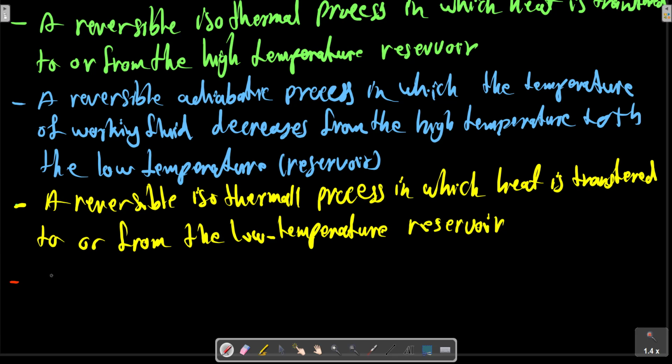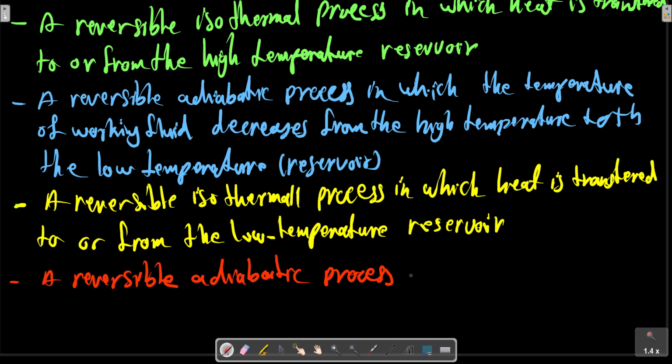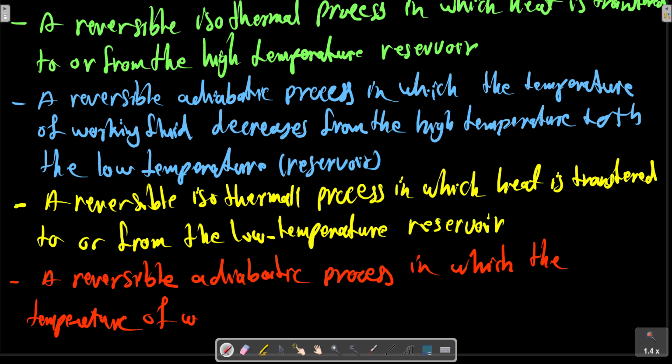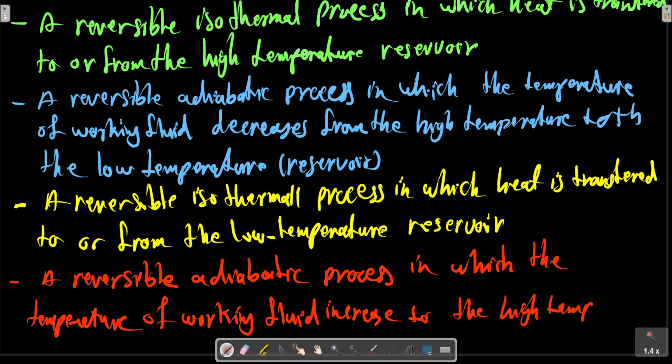And a fourth, reversible adiabatic process in which the temperature of the working fluid increases from the low temperature to the high temperature.